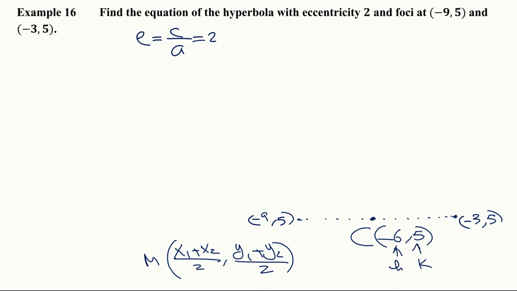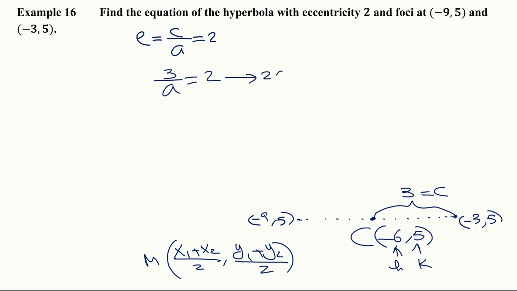Now we know that this distance from here to here is what we refer to as c. And how much is that? Well, negative 6 plus what gives you negative 3? Plus 3, right? So that's going to be our c, right? So if I plug in for c over here, I get 3 over a equals 2.